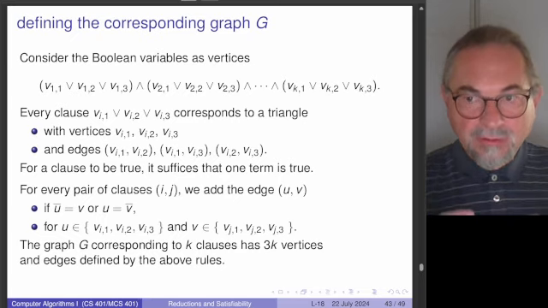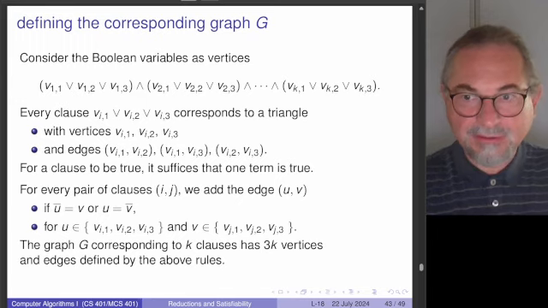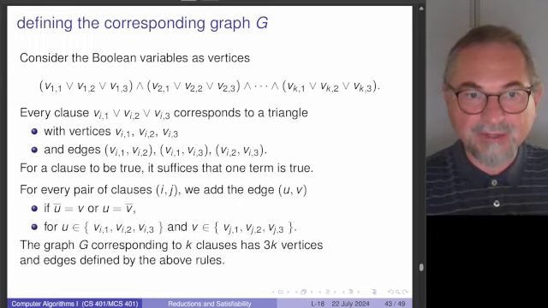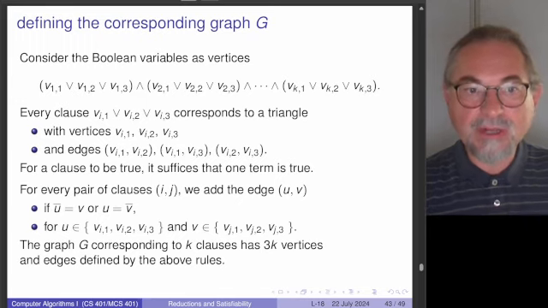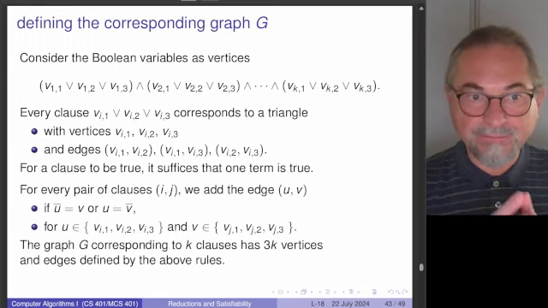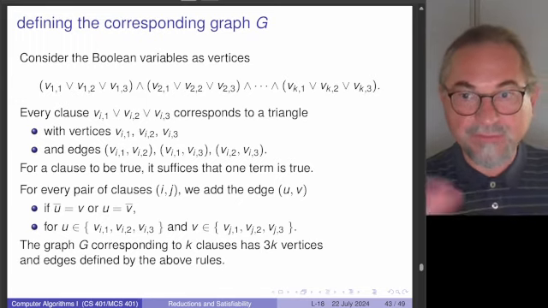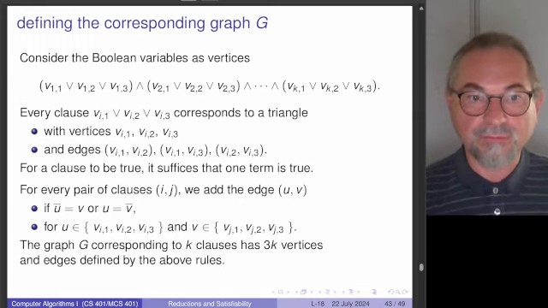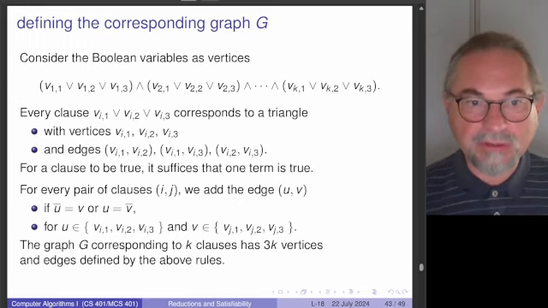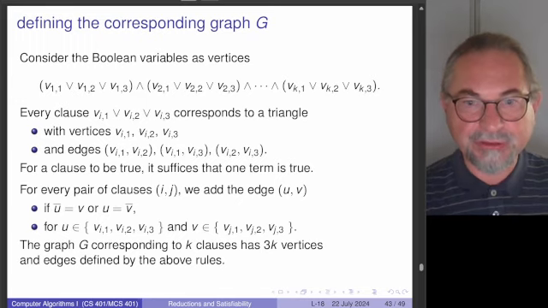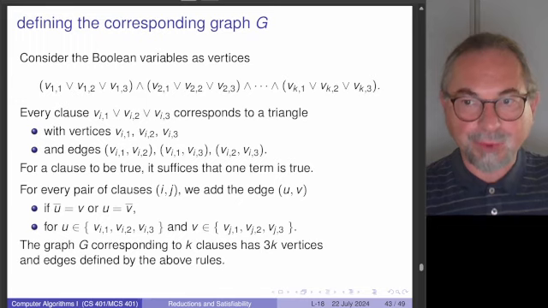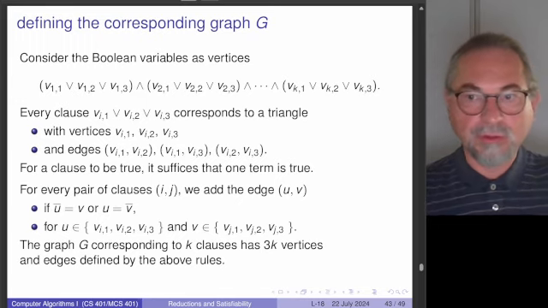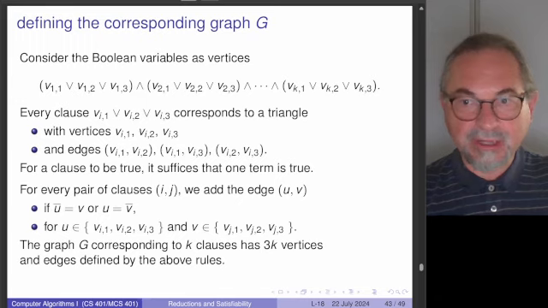So we have a triangle. We have 3 terms in every clause, so we have 3 edges. And again, what I pointed out, if the clause is true, it suffices that one of them is true. Now we connect the clauses, looking at vertices that correspond to their negations.